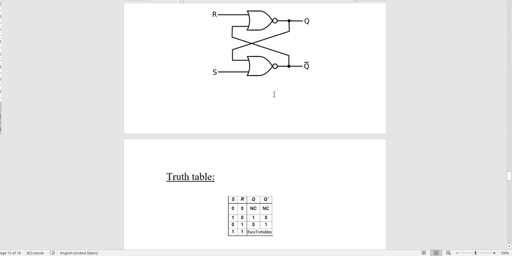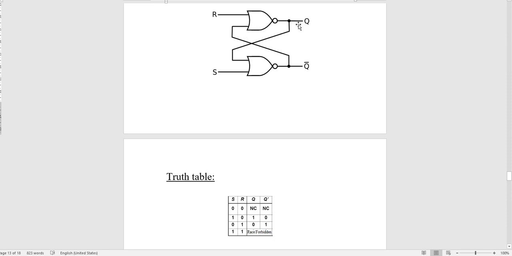Understood? The lower input to your upper NOR gate will become 0, as see, the first input R has value 0 and S has value 1. So your lower NOR gate will be disabled, that is, its value will be 0. So 0 and R is also 0.